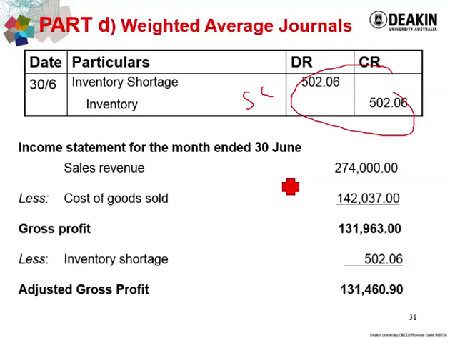So the adjusted gross profit is 131,460.9. This is due to the rounding error. Please do not worry about the rounding error here, as the rounding error is just very minute.